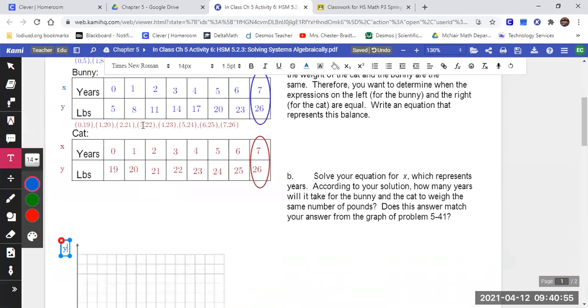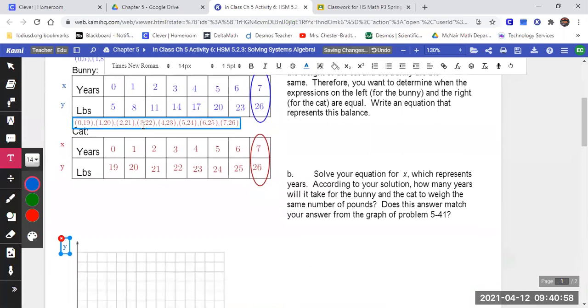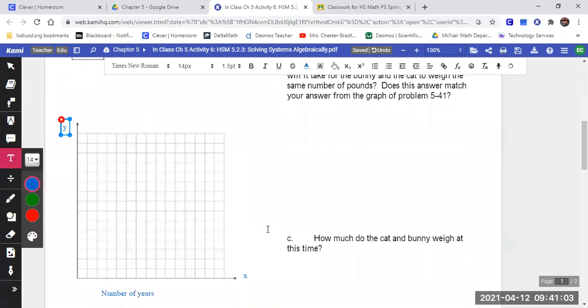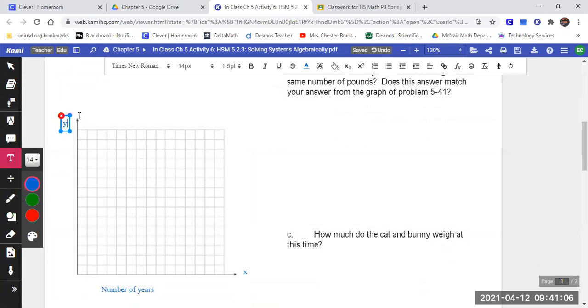According to our table, what does the y stand for? Pounds. Now, when you write it on the graph, use the real word. We only abbreviated it in the table to keep it short.